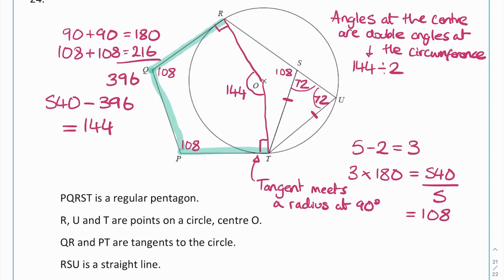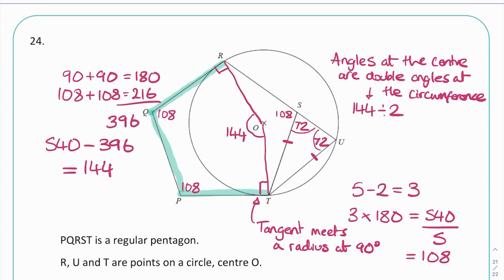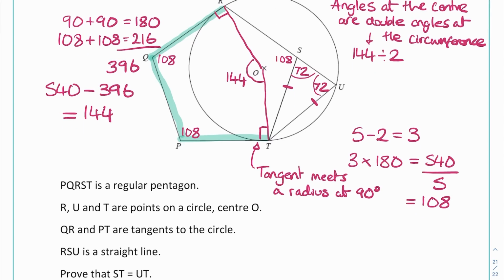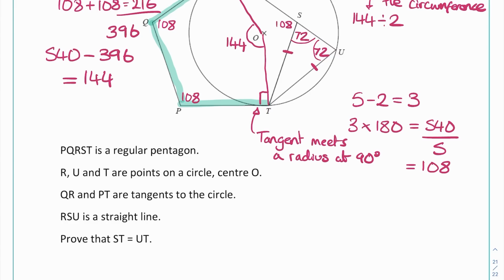And what else did we use? We also used here, angles on a straight line are equal to 180, so we could add that in as well. I'm not going to draw all over this because I want it to be nice and clear for you to see, but we'd add in any reasons there that backed up our proof.